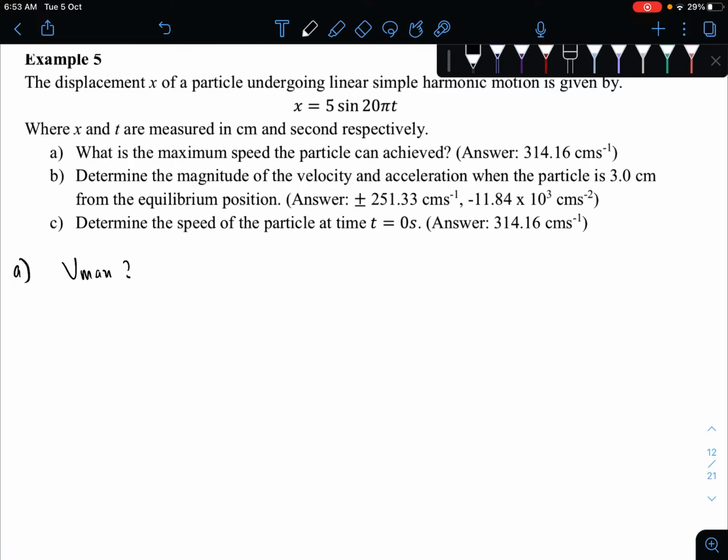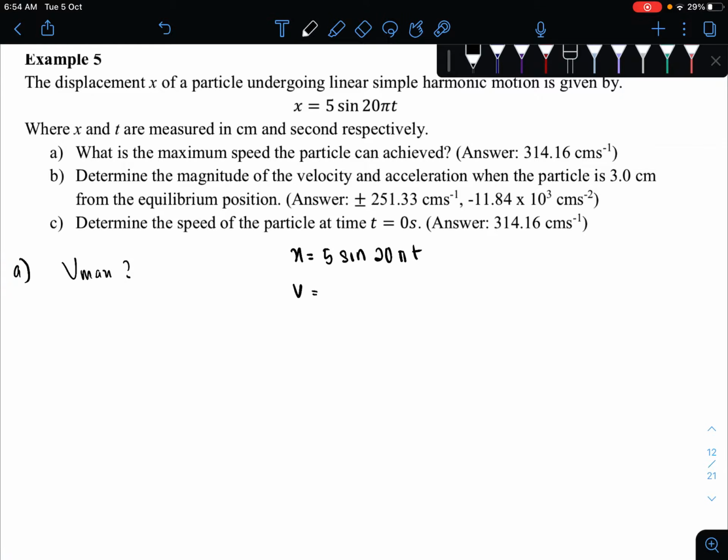However, given in the question is the displacement, and from the displacement we can derive two equations for velocity. So x is equals to 5 sine 20 pi t. To get v, we have two equations. If you still remember, we watched the derivation of the velocity equation in video 9.1.